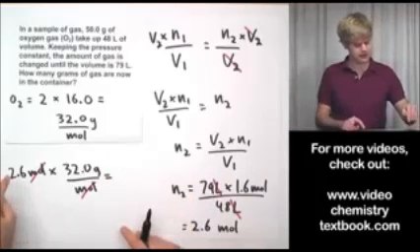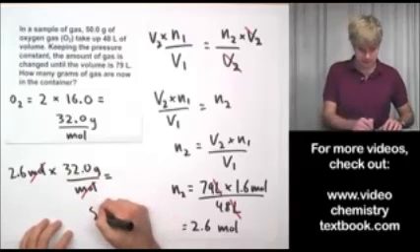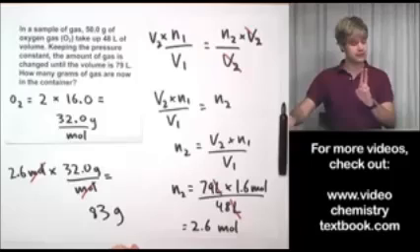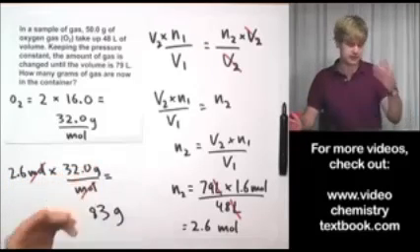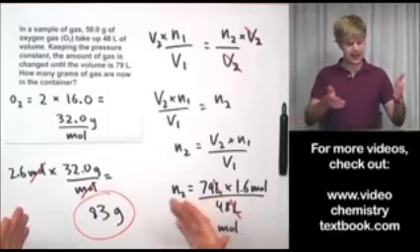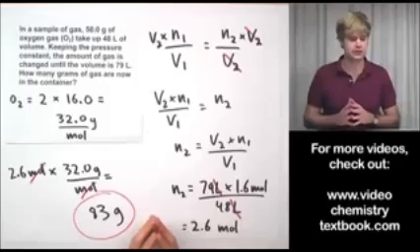And when I do the math, 2.6 times 32, I'm going to get 83 grams, which I'm going to round to 2 significant figures because I have 2 sig figs here and 3 sig figs here. I always go with a smaller number. So I am going to get 83 grams as my final answer.